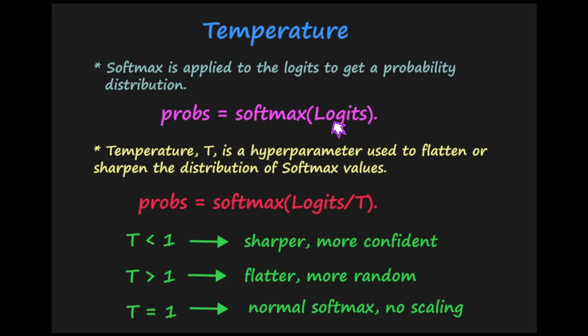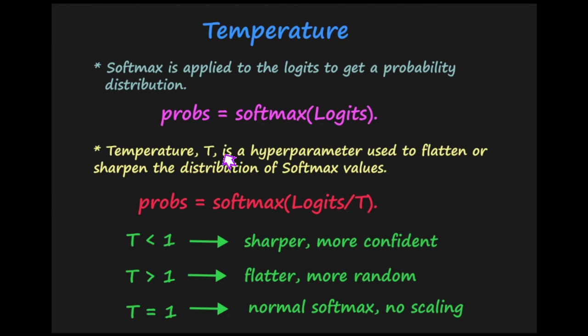It takes a set of numbers and makes it so that they add up to 1, and so that each value is in the range of 0 to 1. Softmax does that to the logits. So those raw scores become normalized, and I'll put them in this thing called probs.